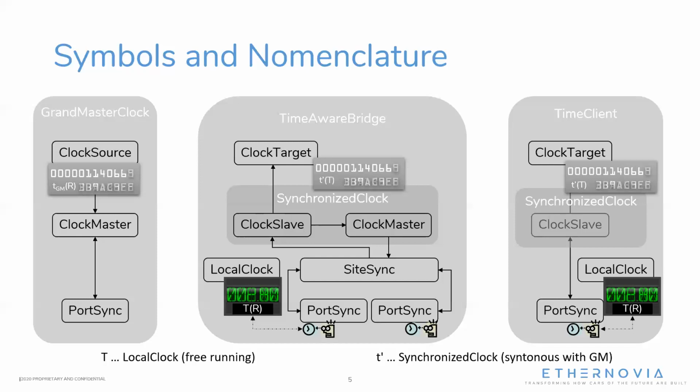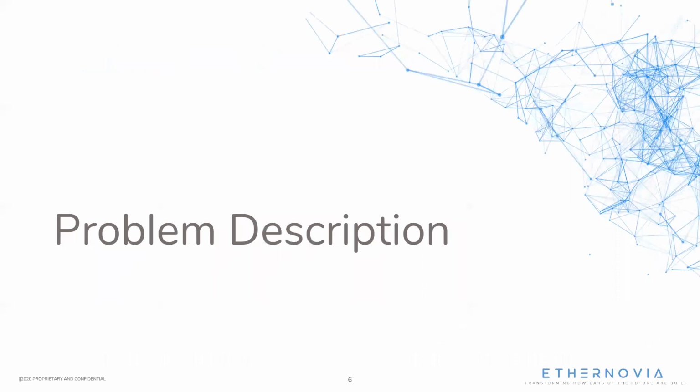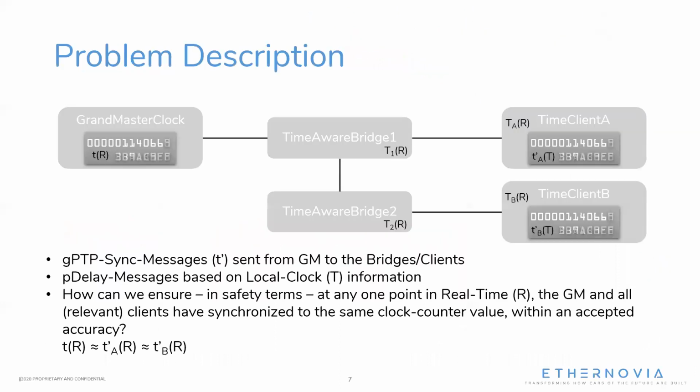What is the problem that we're trying to solve in this talk? The problem description is as follows. As you know, if you've read anything about gPTP or PTP of 1588, then you know this is very much a one-way protocol. The grandmaster sends out sync messages.